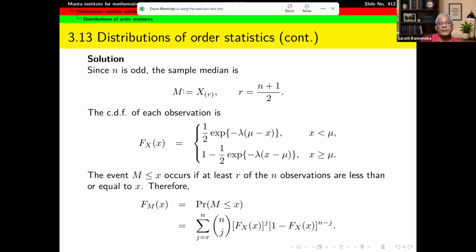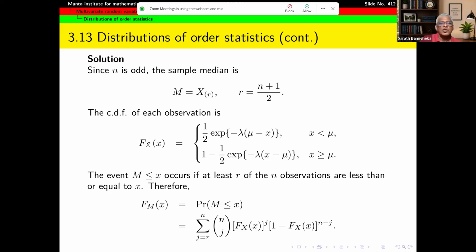Let's call it M. From the theory, we can find the cumulative distribution function of the Laplace distribution to be this expression. We have discussed the Laplace distribution earlier in one video, and we can always find the expressions for the CDF. It has two parts.